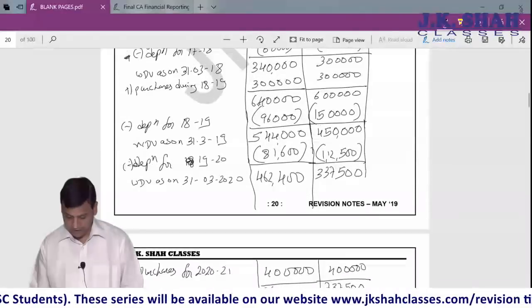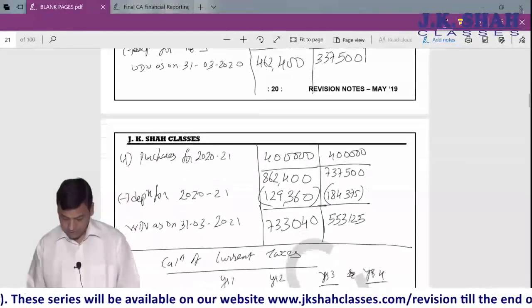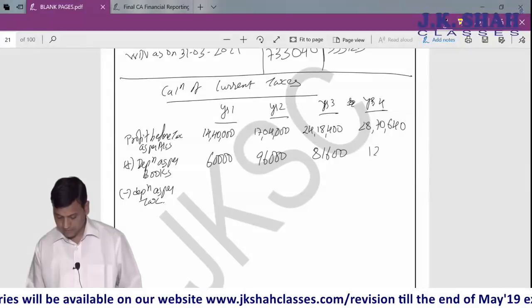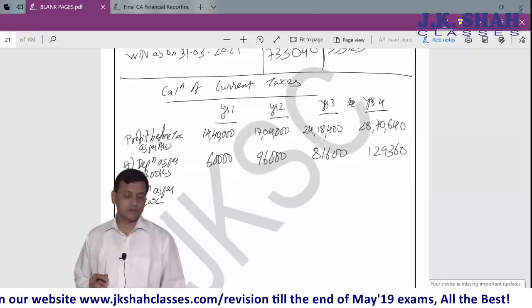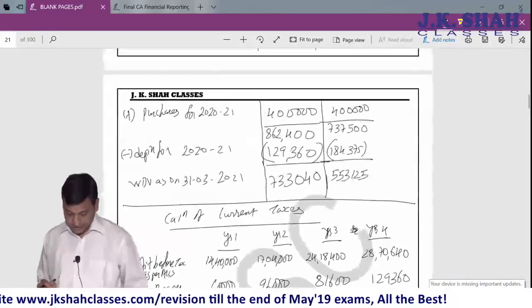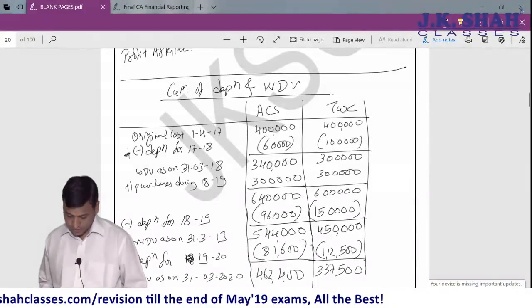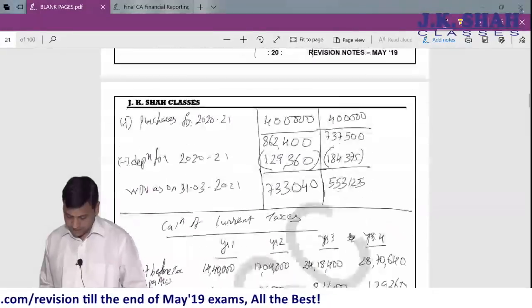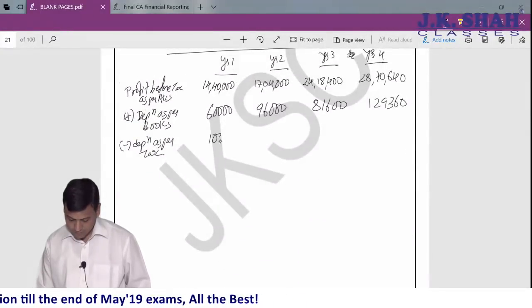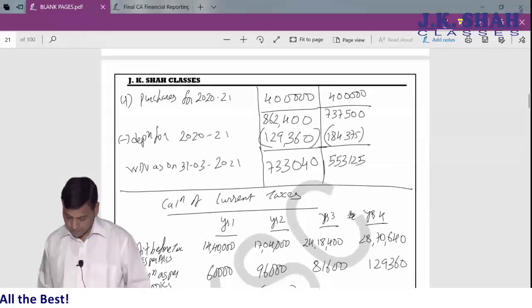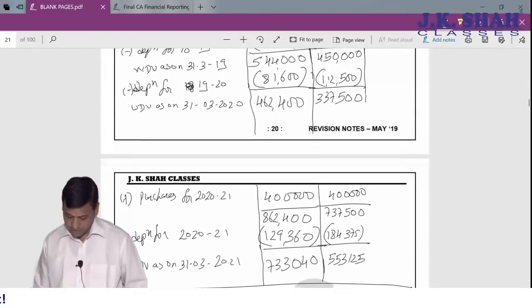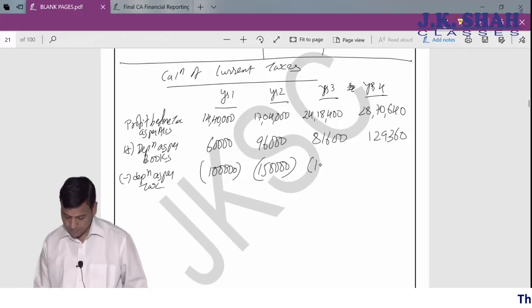From here I am bringing the data, and 129,360. This is what we are doing. Then after, what is the depreciation as per tax? Now 1 lakh 150. Then what we had? 112,500 and 1 lakh.